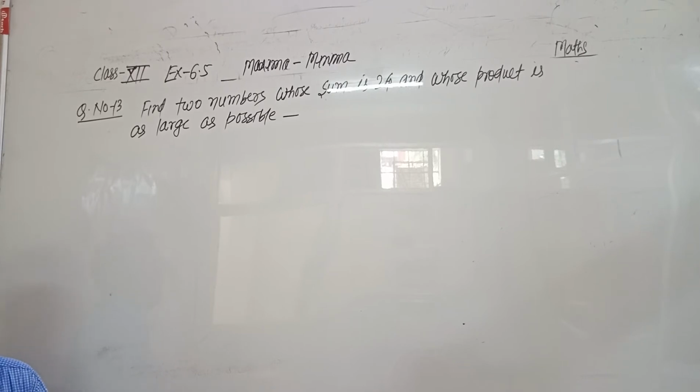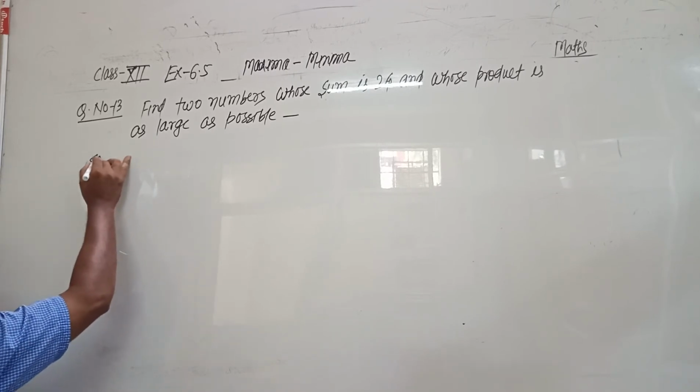We find the value of x, then find the double derivative, then put the value of x in the derivative. If the derivative is greater than 0, it means it has a minimum value. If it is less than 0, it has a maximum value.